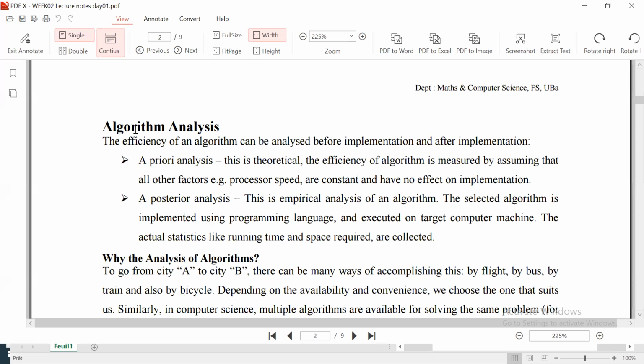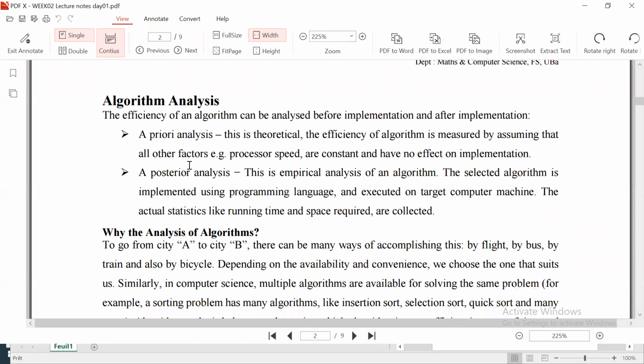Okay. So now algorithm analysis. Like we saw last time, an algorithm is simply a sequence of well-defined steps that are unambiguous, that are simple, that are computable for solving a particular problem.